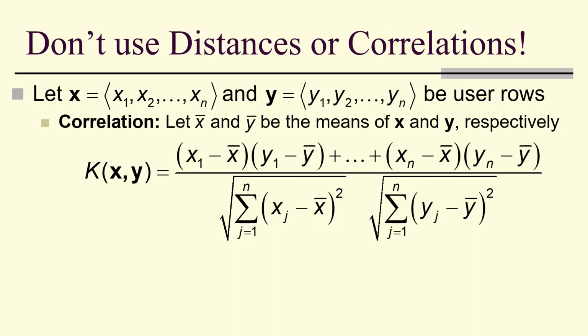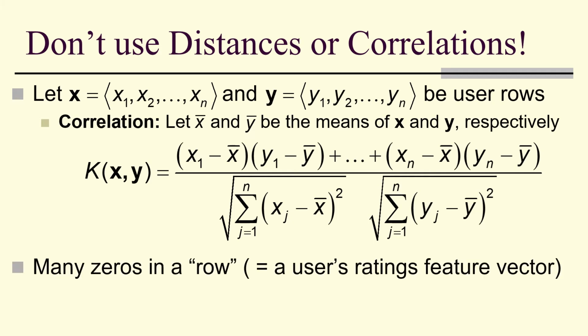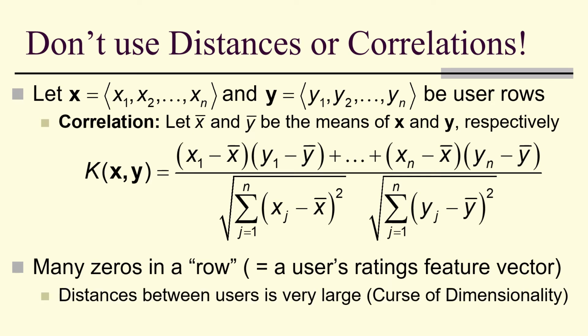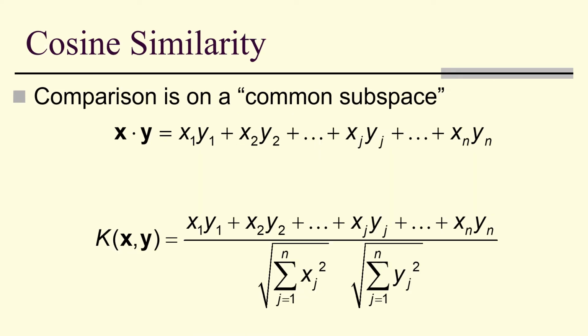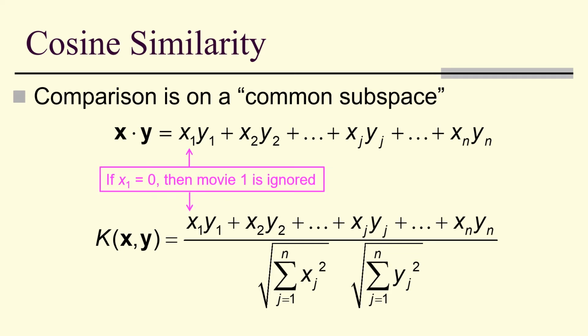So we don't want to use distances or correlations, for many reasons. Notice that a row has a huge number of zeros. That means distances between users are incredibly large, the curse of dimensionality. It also means x bar and y bar are close to, but not exactly, zero, corrupting any possible correlations. So we use cosine similarity, comparison on a common subspace.